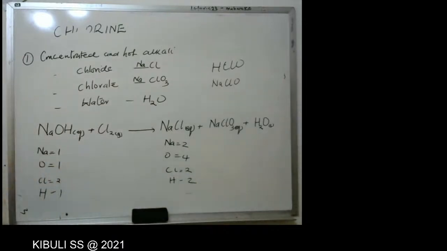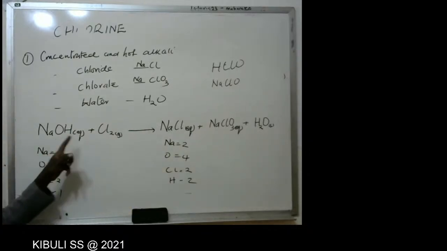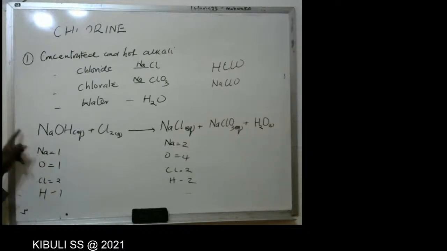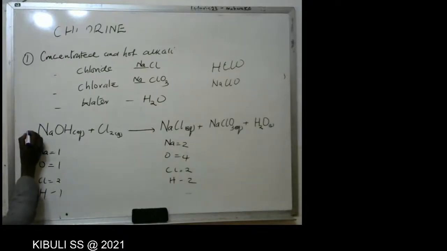So who is going to determine which factor we use? Do we use a 2? Do we use a 4? Because of oxygens, there are 4 on the other side. We can't use a 2, because when you use a 2 they will remain 4. Which means probably we shall try the next one. The simplest number we can try now is a 4.